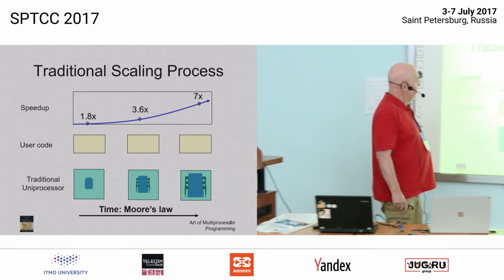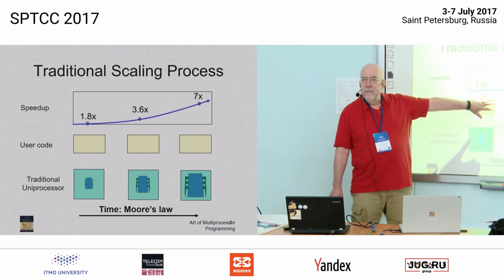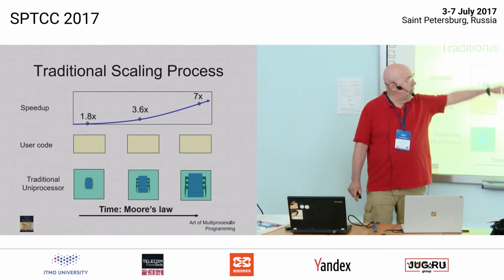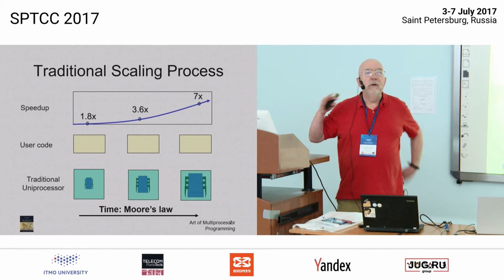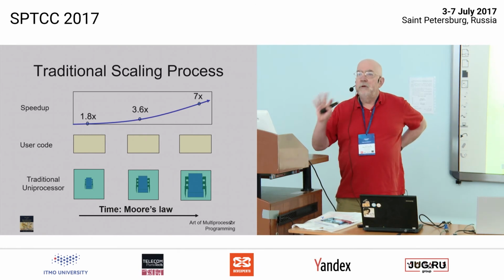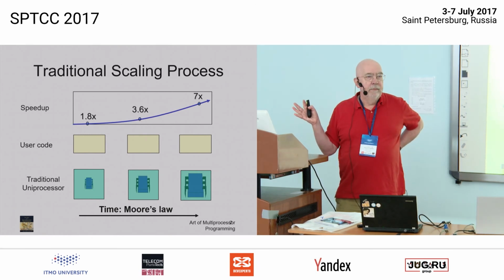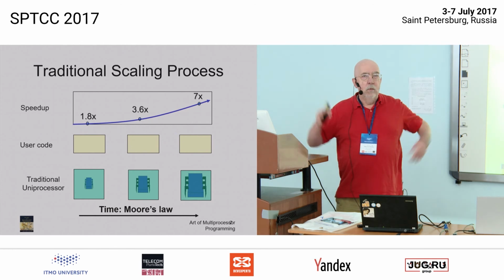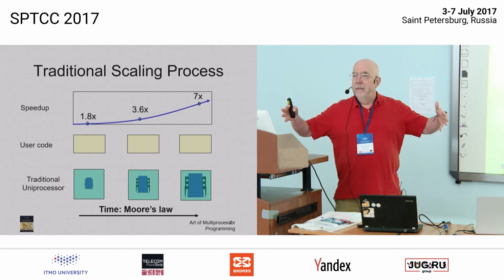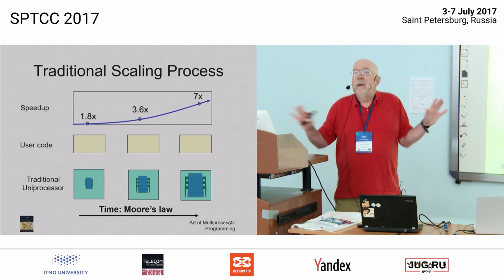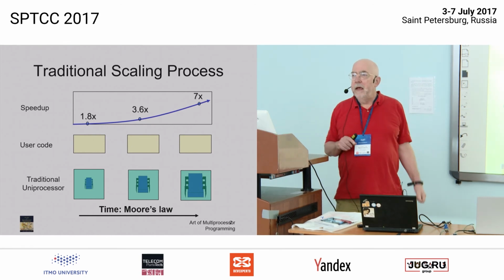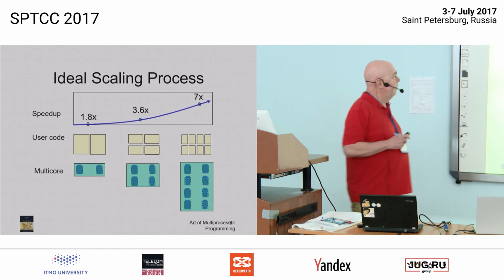And so what happens is that your code remains the same, and your speed up rises. This is sometimes called the free lunch, because you don't have to do any work to get improvement. So you can take something like Word and you can add spell checking. Then you can add this feature and that feature, and you don't have to do anything. You sit back, wait 6 months, and everyone is happy.